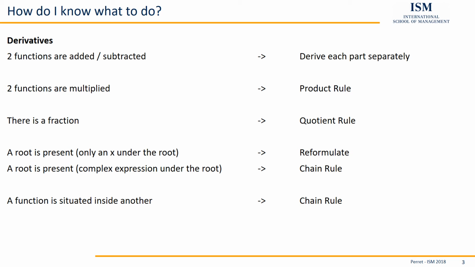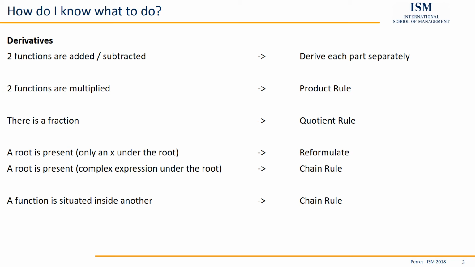So for example, you have the square root of x as one function, and you have 1 minus x squared as another function. If you take the square root of 1 minus x squared, that's actually one function inserted in another. That's the same as if you take the logarithm of, let's say, 1 plus the exponential function. 1 plus the exponential function is one function, and this is inserted into the logarithm.